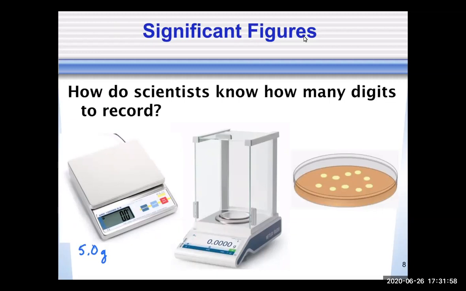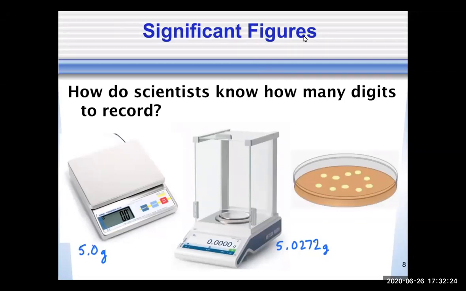And this is what you would find in the chemistry laboratory. You can see that it goes all the way to the 10,000th place. And so if you were reading that same 5 grams, you might get something like 5.0272 grams. You can now read more places to the right of the decimal.